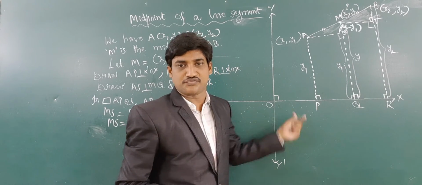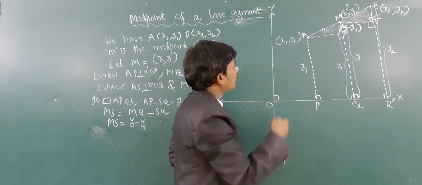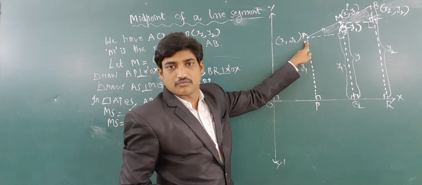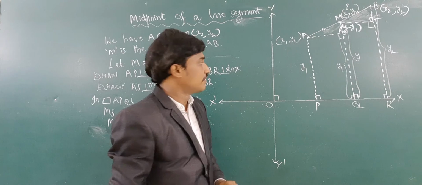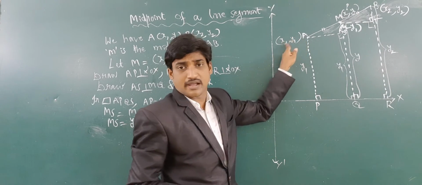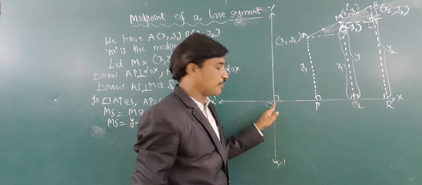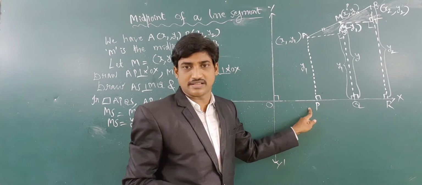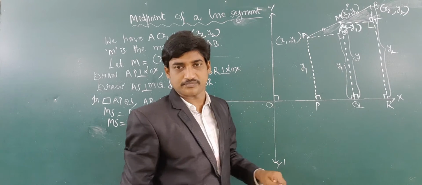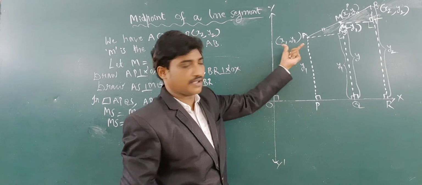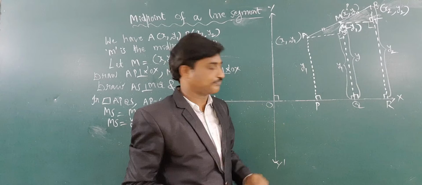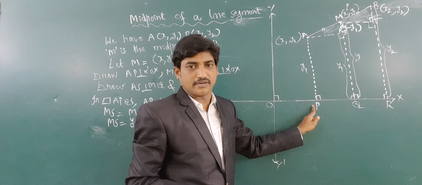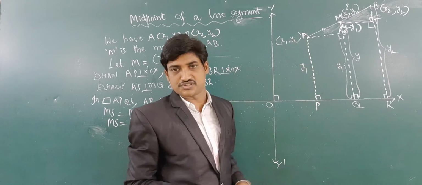Before going further, we can observe OP. What is the OP length? Here we have x coordinate x1 for the point A. To get the point A, we start from origin, move x1 units, then move vertically y1 units.